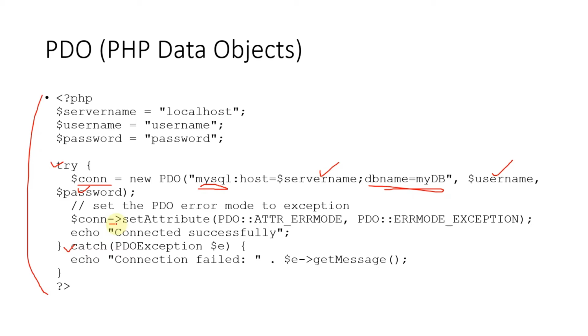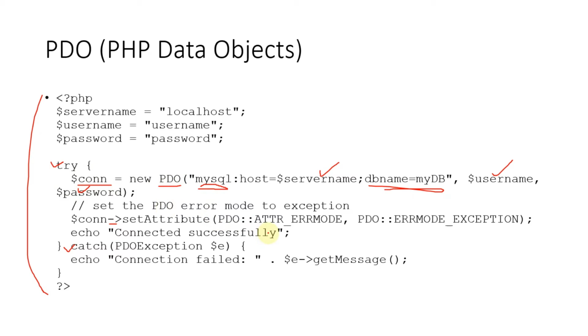Its meaning is to say that what is on the right of the operator is a member of the object instantiated into the variable on the left side of the operator. Instantiated is the key term here. This CONN allows us to access the main PDO object.